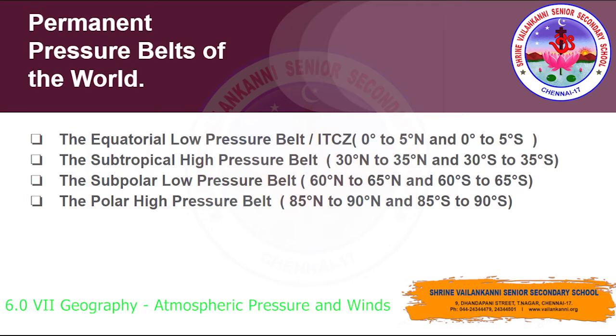Next is the subpolar low pressure belt, extending from 60 degree north to 65 degree north and 60 degree south to 65 degree south. The last one is the polar high pressure belt, from 85 degree north to 90 degree north and 85 degree south to 90 degree south.